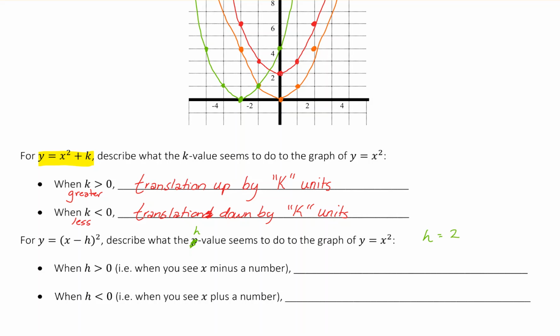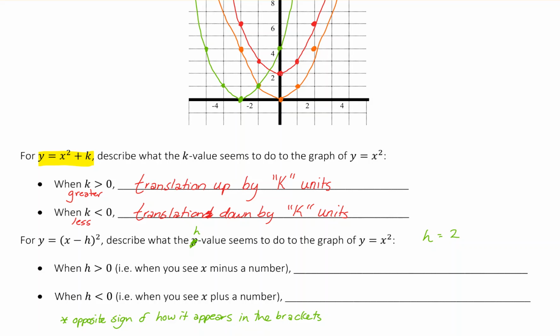One thing you have to remember when you're looking at h and deciding on the transformation is that it's always the opposite sign of how it appears in the brackets. So in this example, it was x plus 2. So we want to consider that our h value is actually -2.